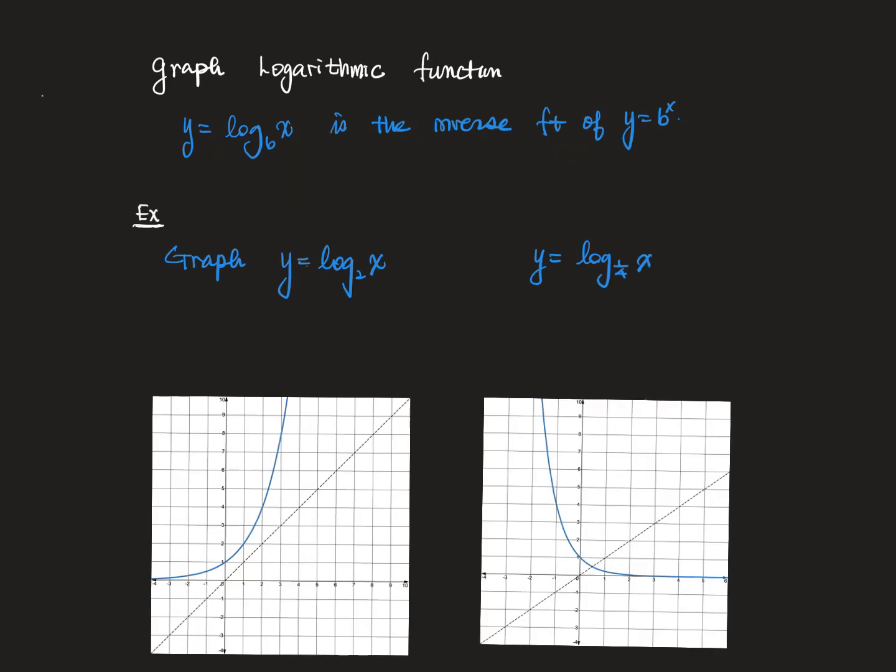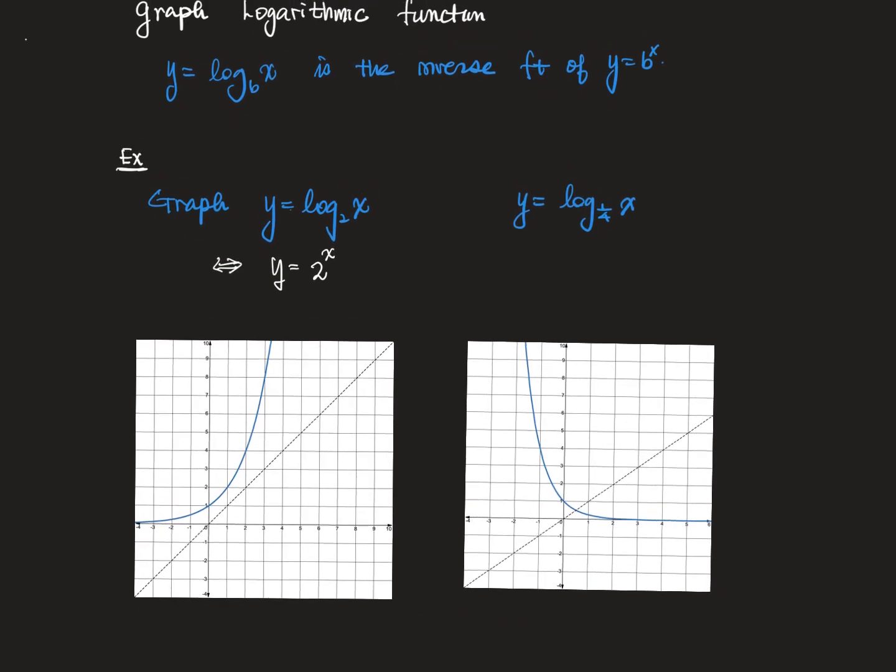Let's sketch the graph of the logarithmic function. In the previous video we defined the log function from the inverse function of the exponential function. That's the relation: y equals log base b of x is the inverse function of y equals b to the x. So when you see y equals log base 2 of x, the base is 2, that's the inverse of y equals 2 to the x. The relation between the two functions is an inverse relationship.